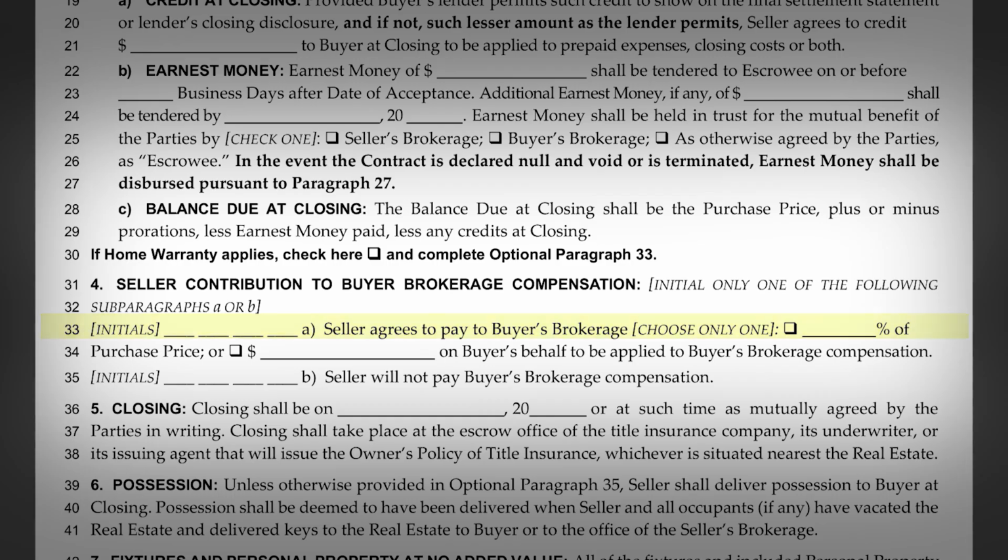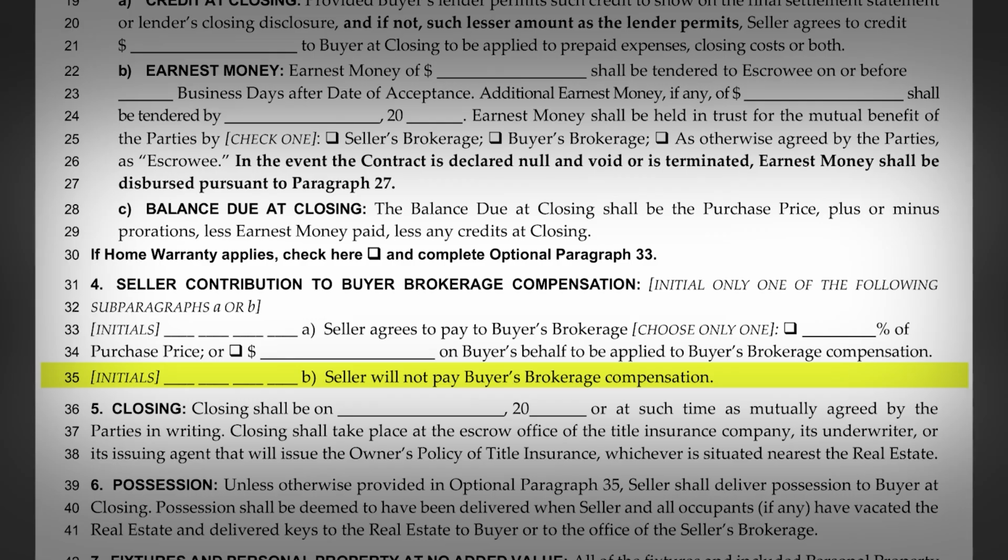The next blank talks about a dollar amount. If you have just a prescribed dollar amount, $2,000, $5,000, whatever that number is. The other is percent, which is seemingly more typical in most transactions. And then line 35 talks about if there is nothing, the seller is not paying anything to the buyer brokerage, then you would initial that line.